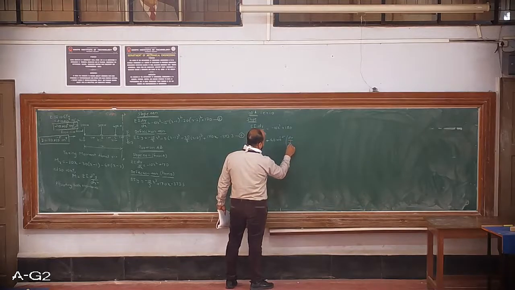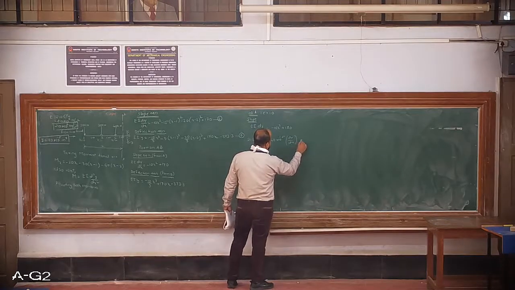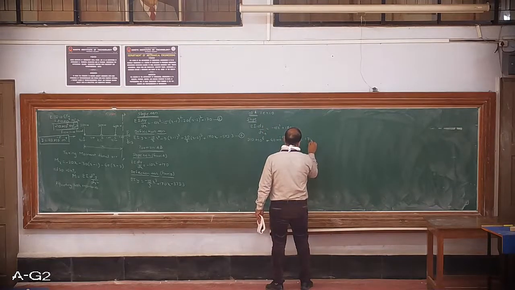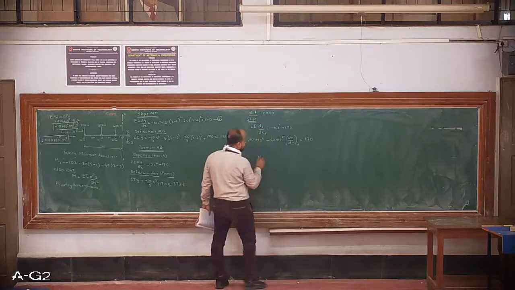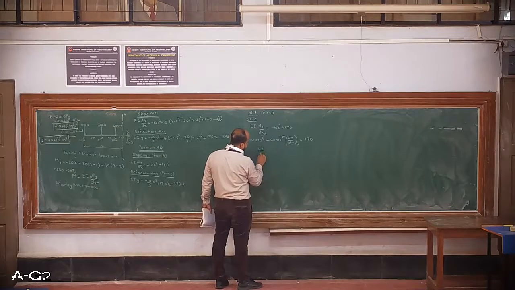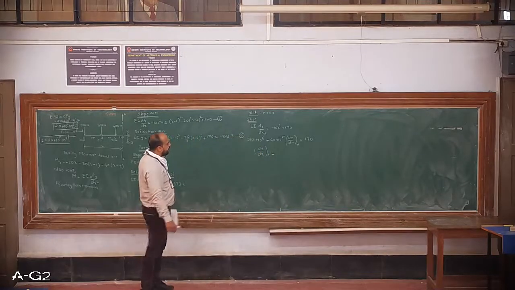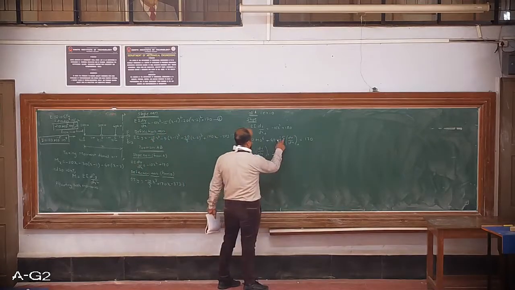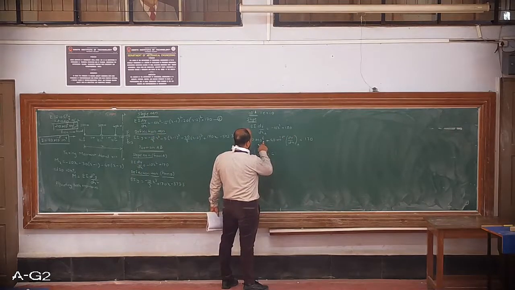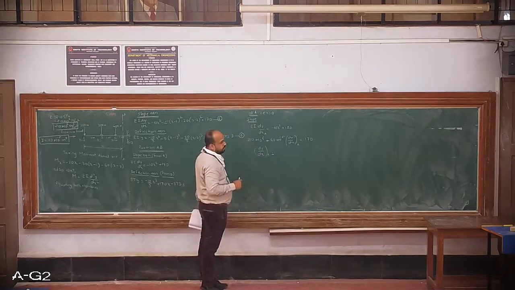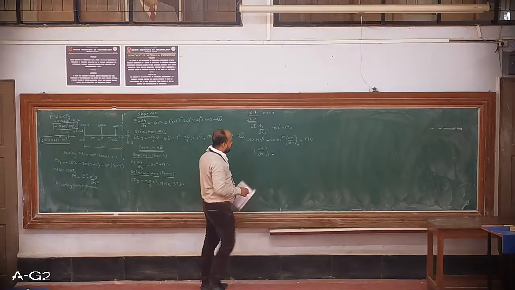dy by dx at A, x is 0, so this term will become 0, leaving 170. This entire EI term will go here as a division, so you will get the slope in radians. 210 into 40: minus 5 is there, so 10 to the power 5 times 10 to the power minus 5 gives 100 factor, so this becomes 21,000 multiplied by 40, that is 84,000. 170 divided by 84,000.